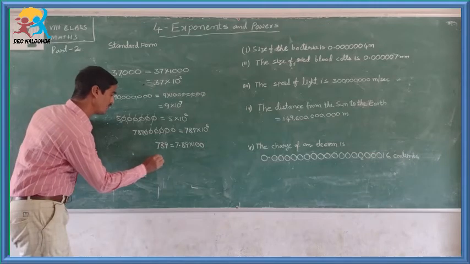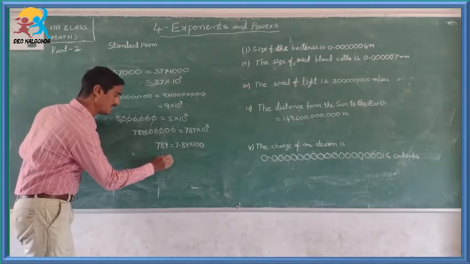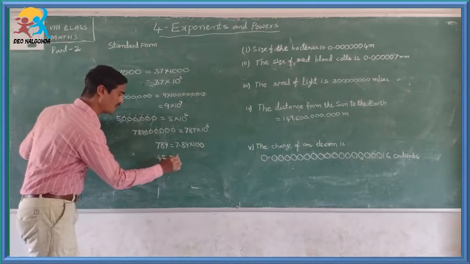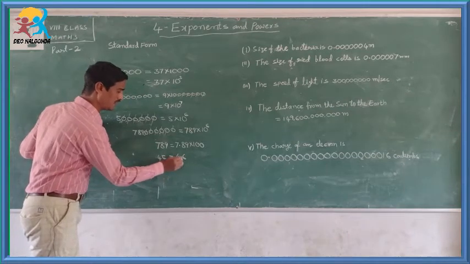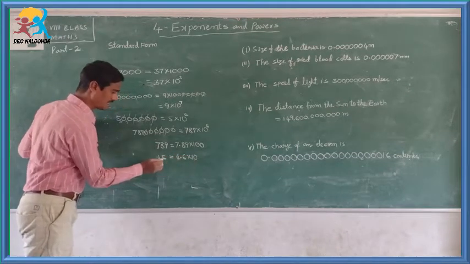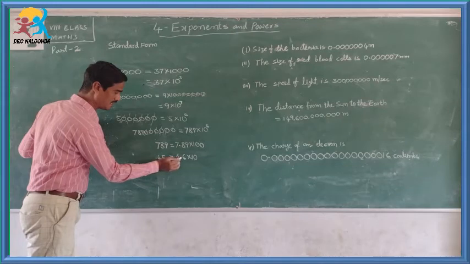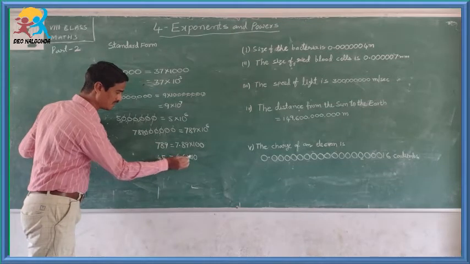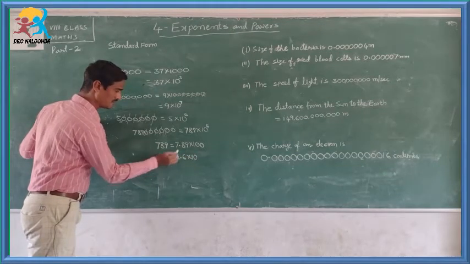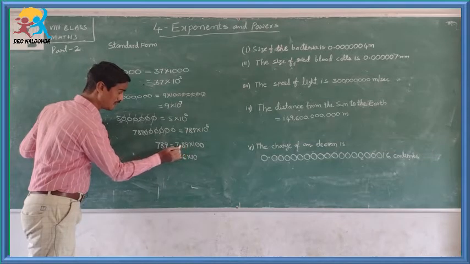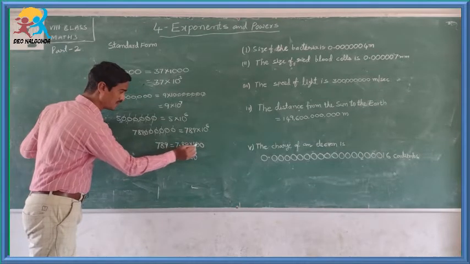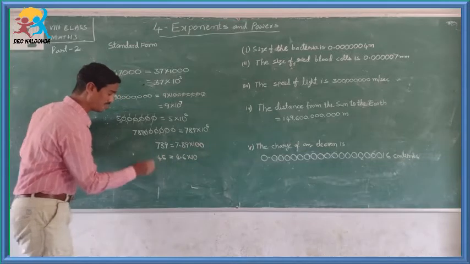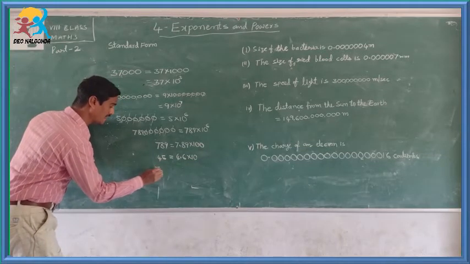Suppose 46. 46 may be written as 4.6 into 10, because after one digit comes the decimal point, so 1 after 1 zero. After 2 digits the decimal point, so 1 after 2 zeros. Now what happened here? What is the answer?